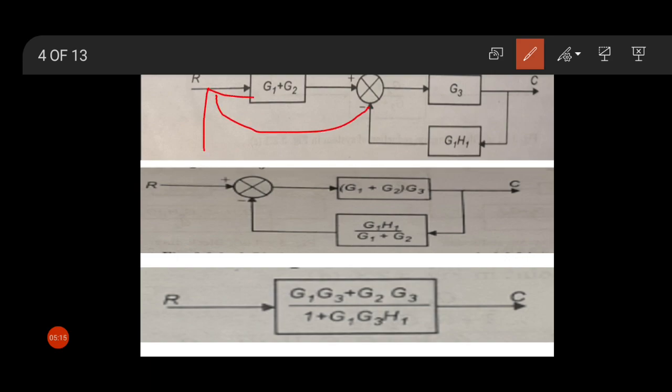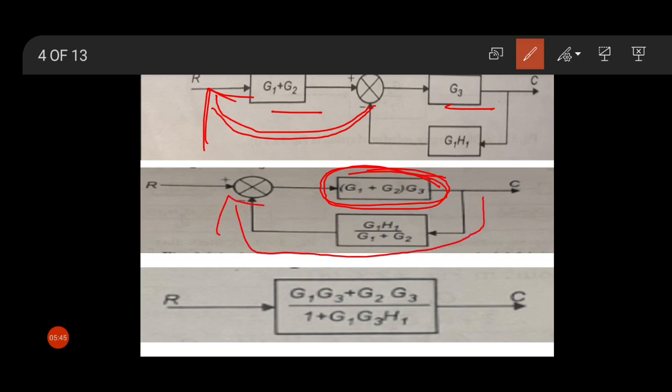After doing this, we get this gain of the block, because if we move this summing point from here to here, then these two blocks are connected in cascade. So multiply the gain of this block, and we get this gain. And this is our simple feedback structure. After eliminating this feedback structure, we get our transfer function. Okay, clear?